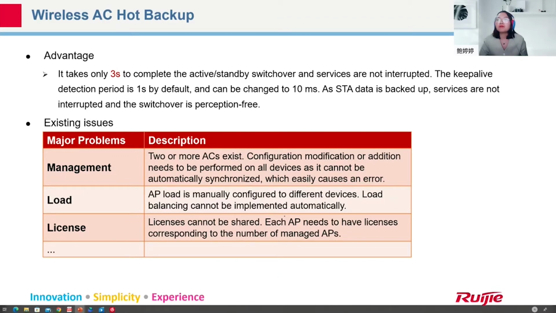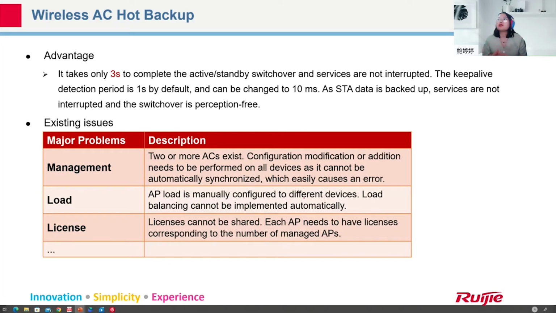Load balance cannot be implemented automatically, and this load balance is based on which AP group your AP belongs to. And all the APs in the same group, the traffic will be sent out through the active device. Maybe in the real scenario, you only have one AP connected with AC1, and you have 2 APs connected with AC2 as the active AC.